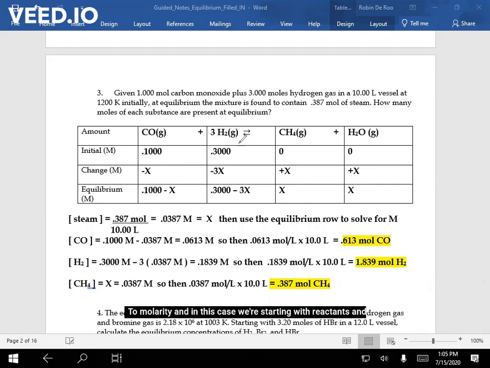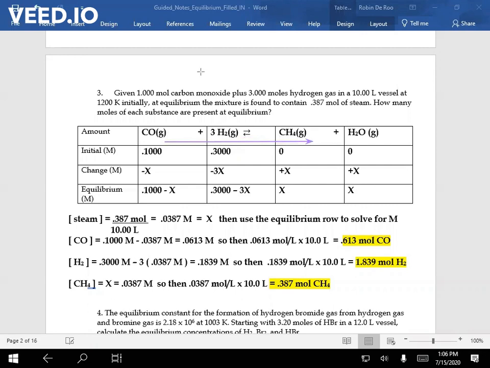Now in this case, we're starting with reactants and we're making products. So we'd be going this way. That's why we're starting with 0 methane and 0 water. You were given the carbon monoxide, hydrogen gas, water. You had to determine on your own that it was methane.